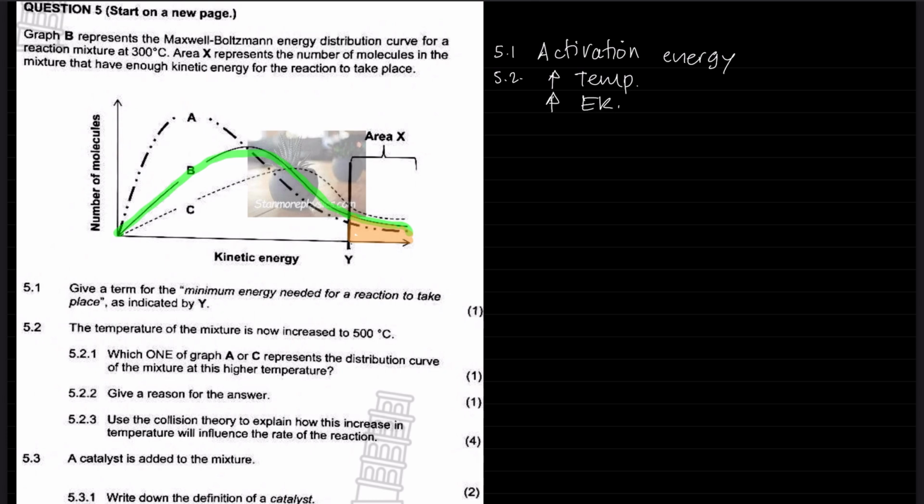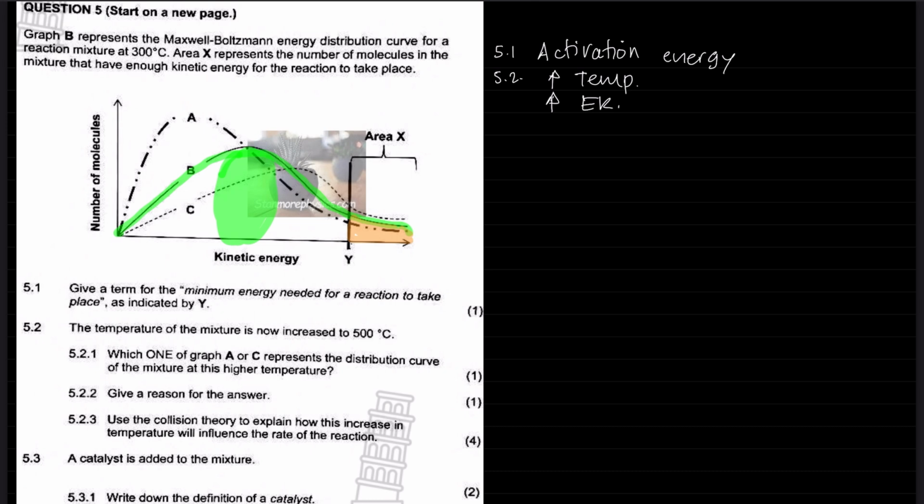Now, if we examine the graph for B, you can see that most of the molecules fall in this region. So most of the molecules will have a kinetic energy somewhere here. But if we increase the temperature, the kinetic energy should shift more down the x-axis.